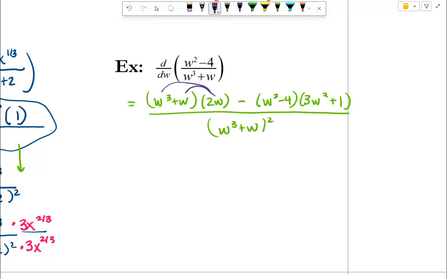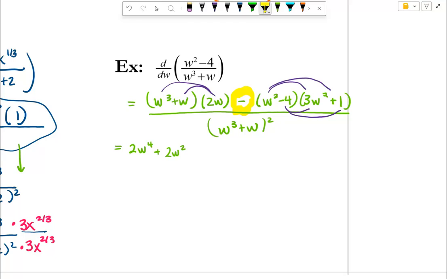So I could distribute 2w to both of those terms. And then over here, we could distribute w squared minus 4 to 3w squared plus 1. All right, so we just want to be real careful when we do this. So we should get 2w to the fourth power plus 2w squared. That was our first term distributed. And then the other thing we want to be really mindful of is this subtraction here.